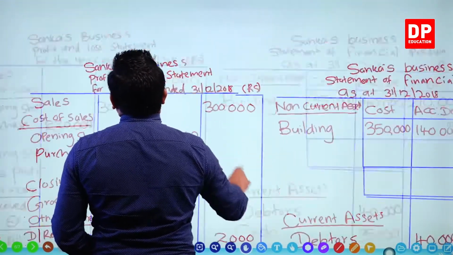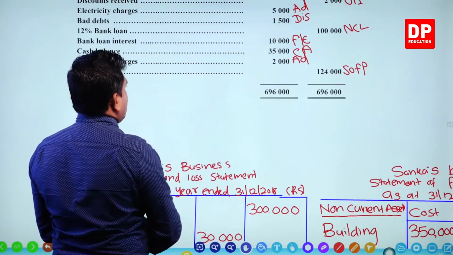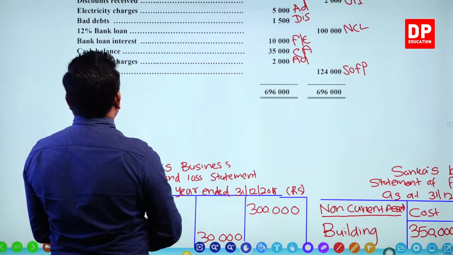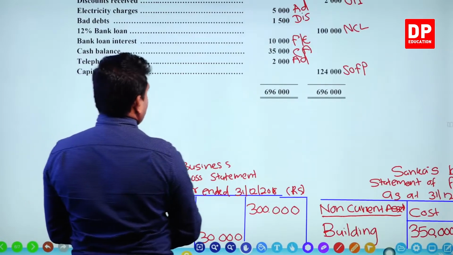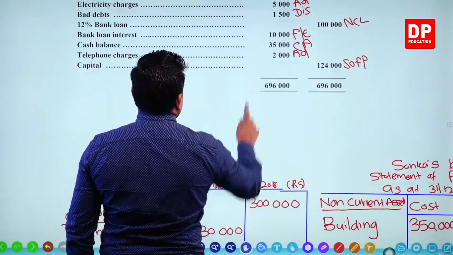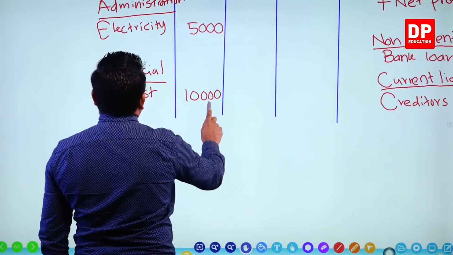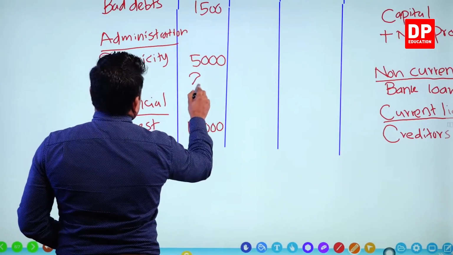Now next, telephone charges 2,000, capital 124,000. Telephone charges 2,000, right? Telephone charges 2,000, capital 124,000. This is 2,000.